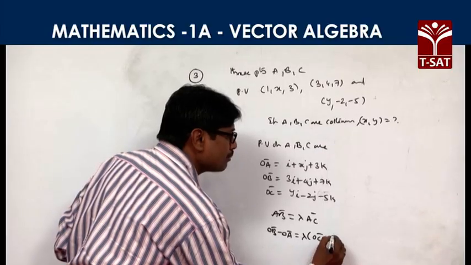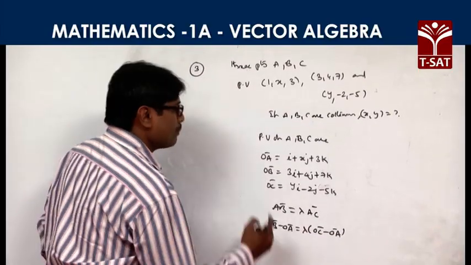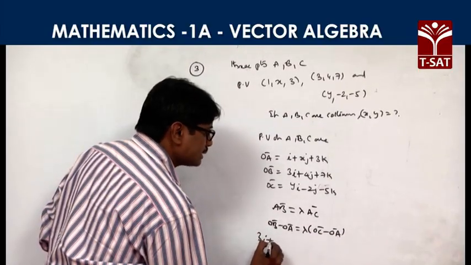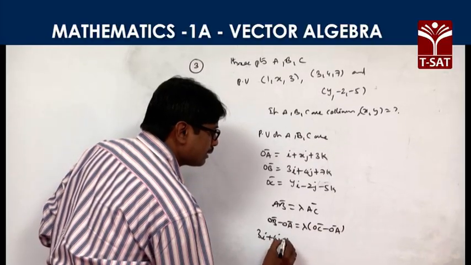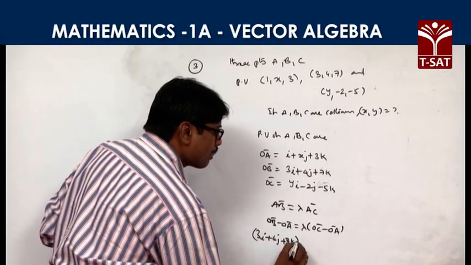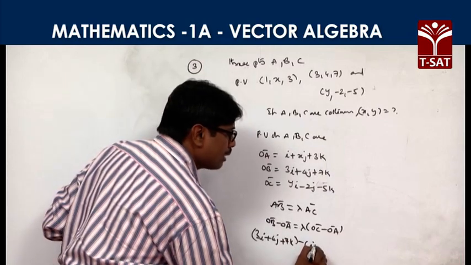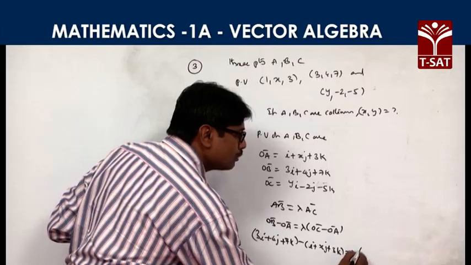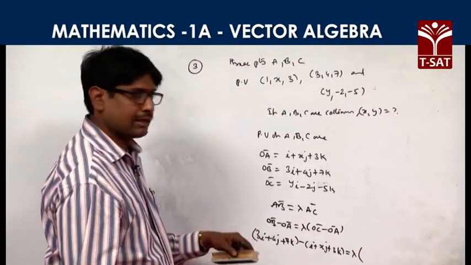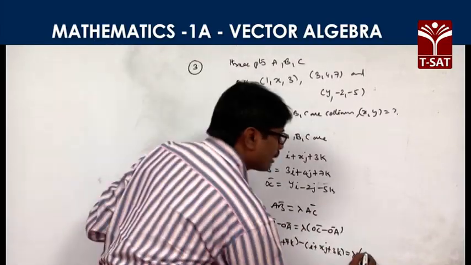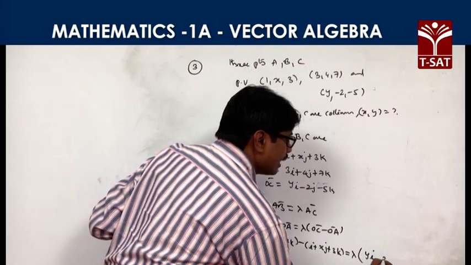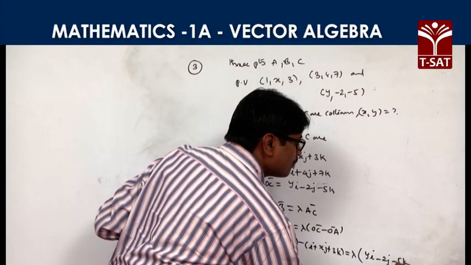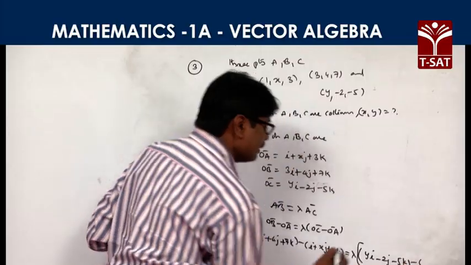OC bar minus OA bar, and that is OB bar, 3I bar plus 4J bar plus 7K bar, minus OA bar, I bar plus x times J bar plus 3 times K bar, is equal to lambda into OC bar, y times I bar minus 2J bar minus 5K bar, subtracted by OA bar.